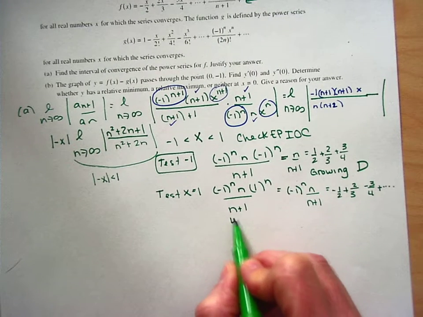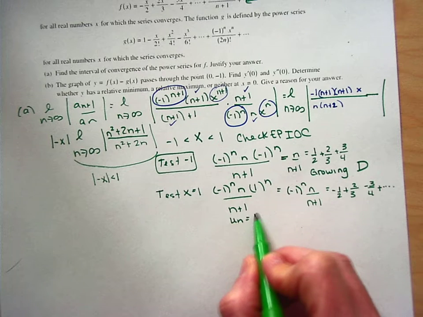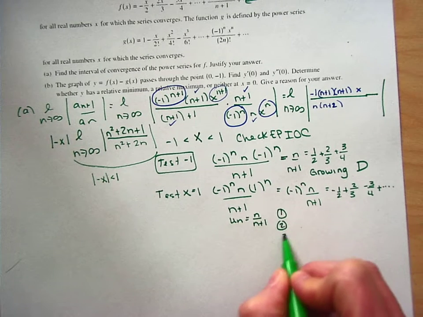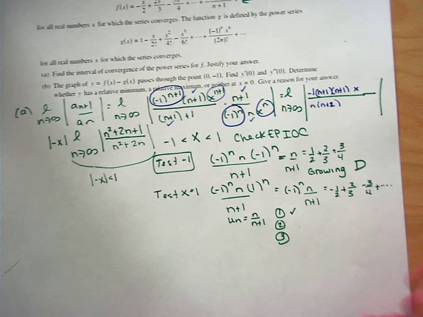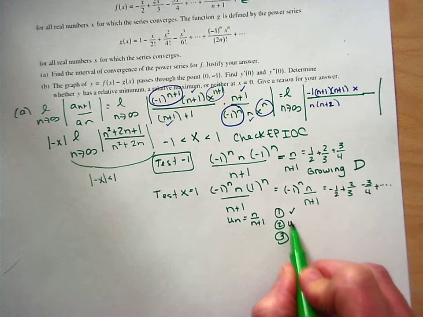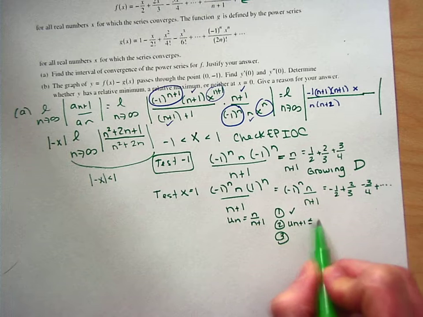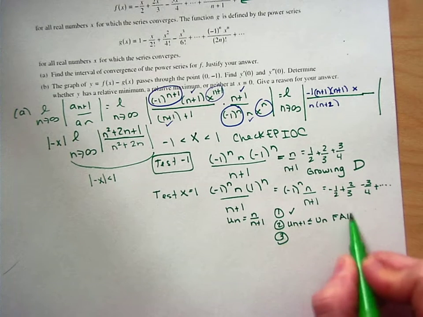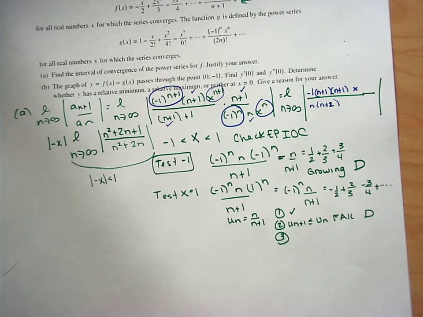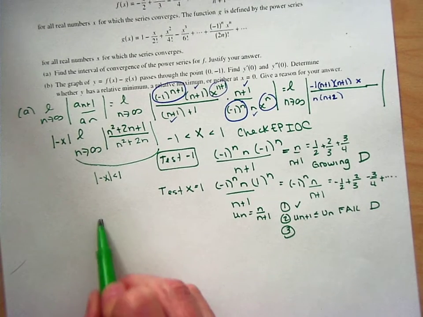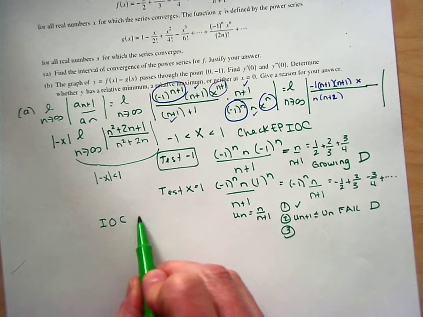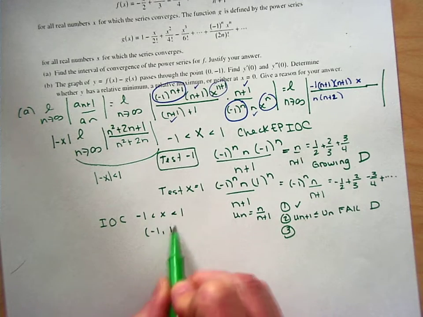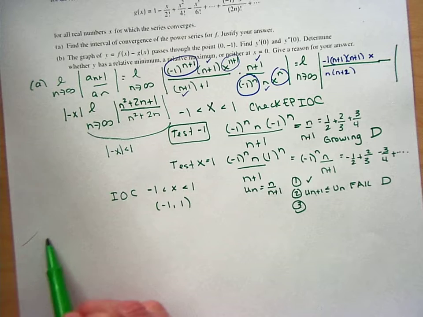So this is a Leibniz test, 1, 2, 3. All the u_n's are positive, so we pass this one. Is u_(n+1) less than or equal to u_n? No, we fail this, so we actually diverge. So our interval of convergence is simply what we came up with from the ratio test, so we can write it either way. Let's go on to part B.